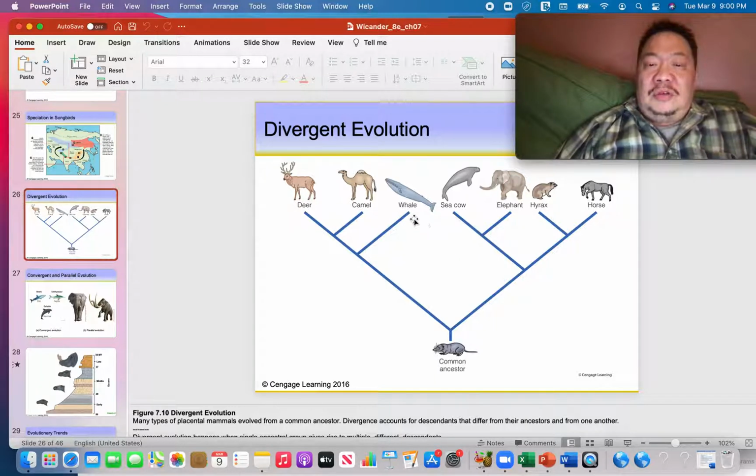And it also shows you that whales, camels, and deer are more closely related to each other than these other four mammals. This cladogram shows you horses are more closely related to hyraxes than they are to sea cows or elephants. These cladograms are based on DNA and also on physical attributes.